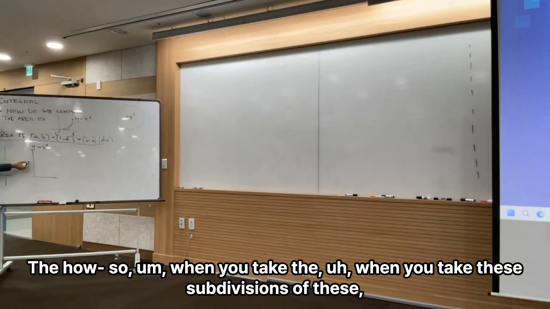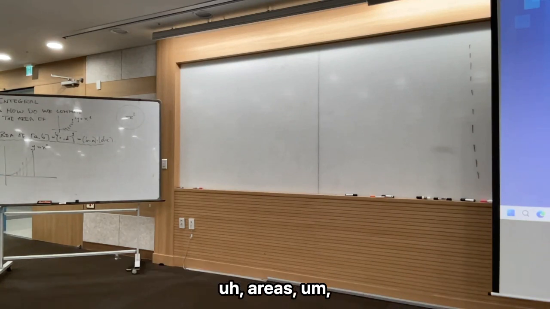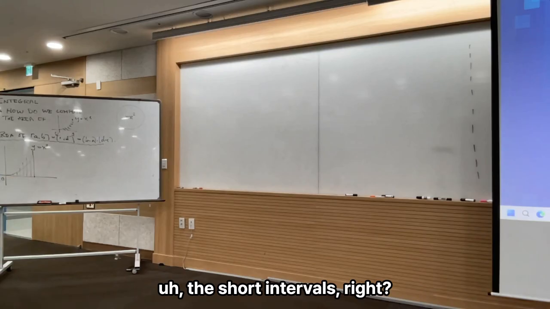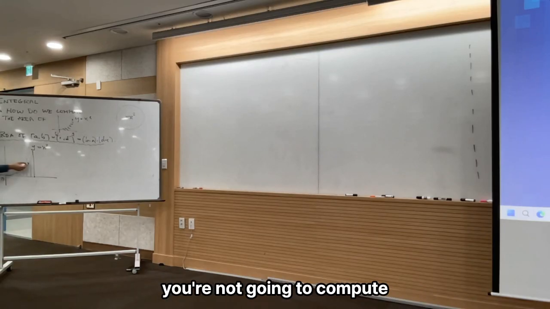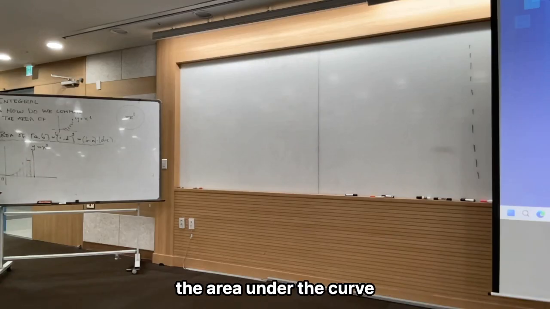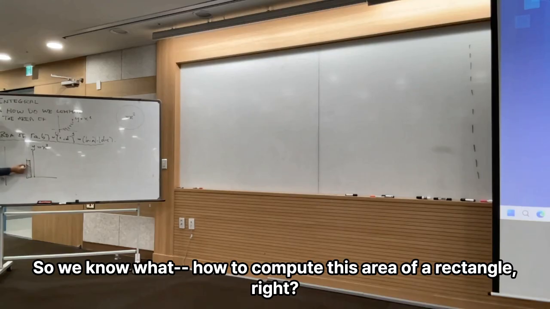When you take subdivisions of this region into smaller pieces by subdividing the x-axis from 0 to 1, you have lots of short intervals, right? For each short interval, you're not going to compute the exact area under the curve. You're going to approximate the area under the curve by the area of a rectangle. We know how to compute the area of a rectangle, right?